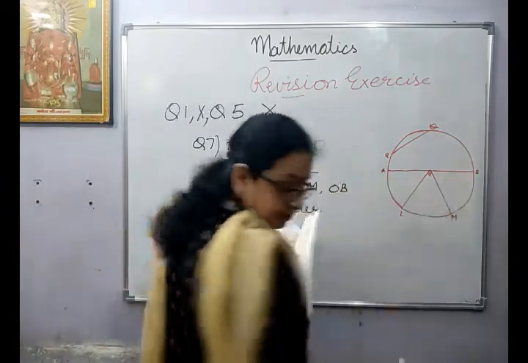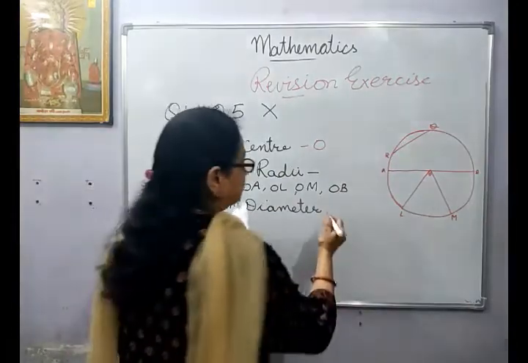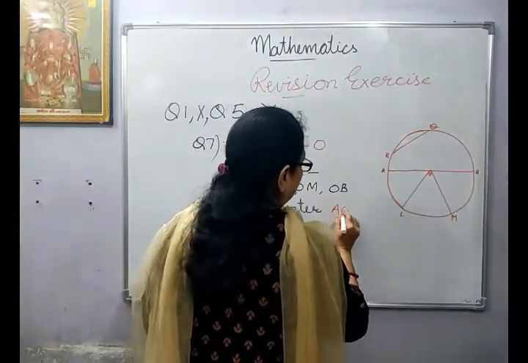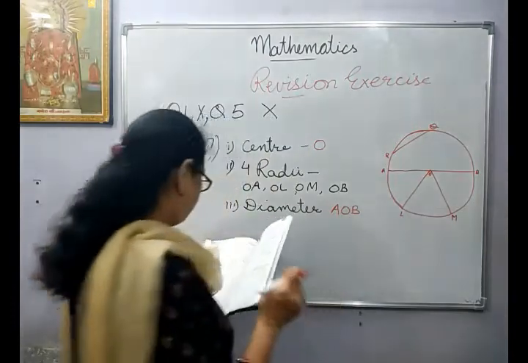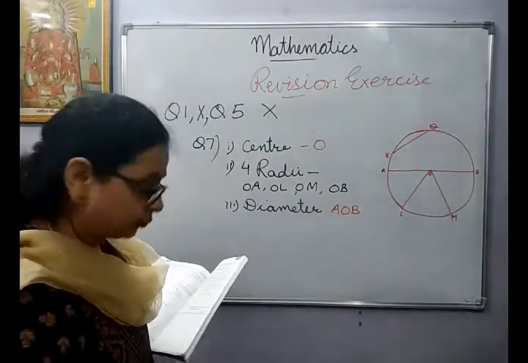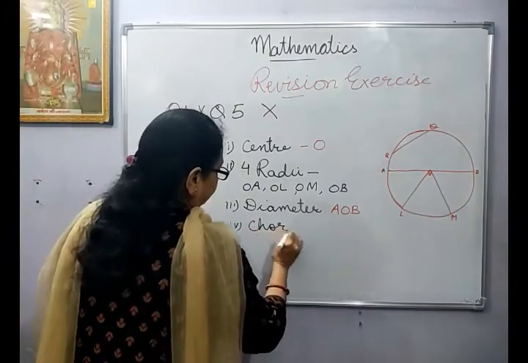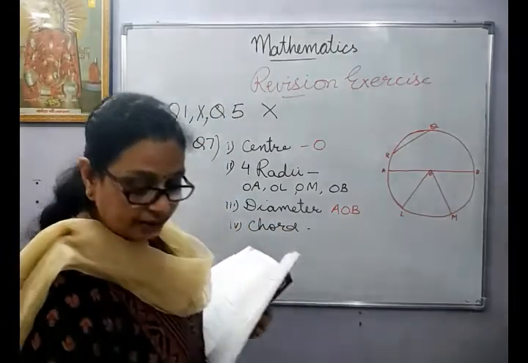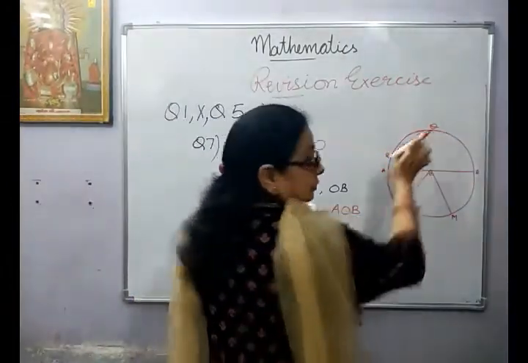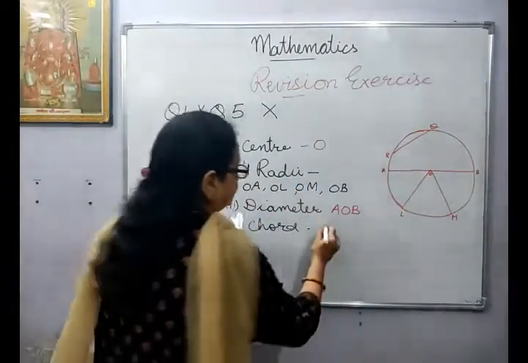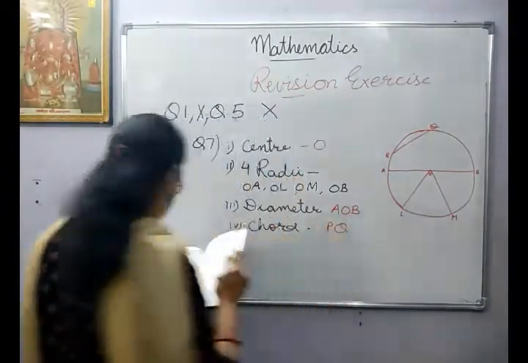Diameter is this, the one completely passing through the center, so it will be AOB. Then the fourth one is chord. Chord is this, so it will be PQ.